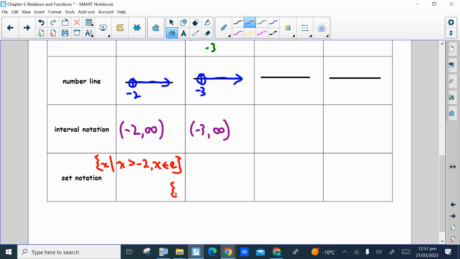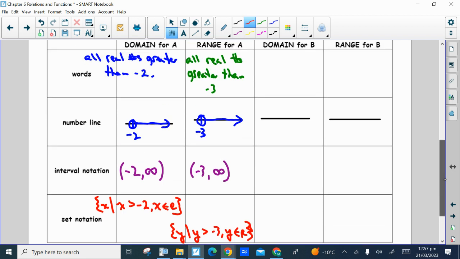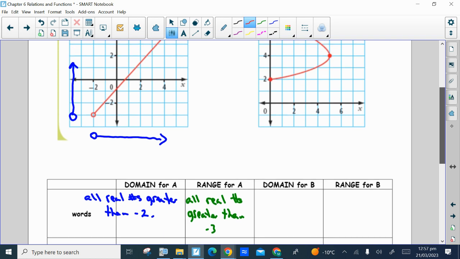And the range uses the variable y. Here it'll be y is greater than -3. But also y is an element of real numbers. Okay, so that's for that graph.